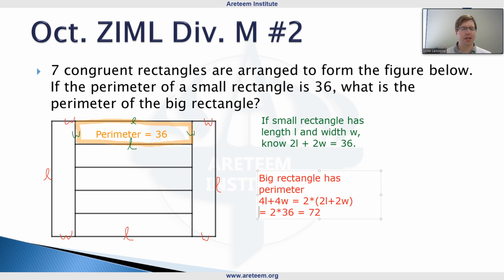So that is the answer most of you are sharing. I just wanted to show quickly that you can do this without actually finding the length and width. It is good to recognize that we're just doubling the rectangle here. You can solve for L and W, of course, but that's the general strategy.